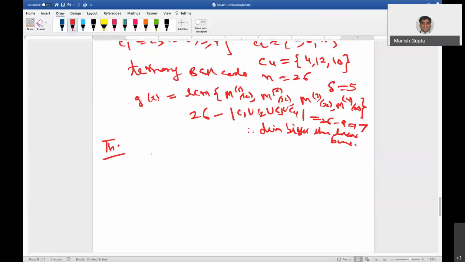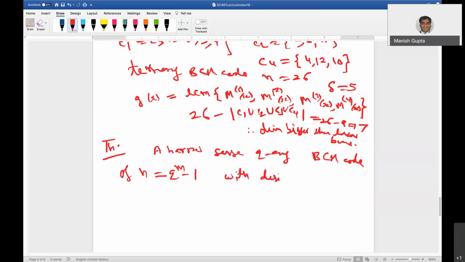The theorem says that in the narrow sense, a primitive BCH code of length n equal to q raised to m minus 1 with design distance delta has dimension equal to q raised to m minus 1 minus m times delta minus 1.